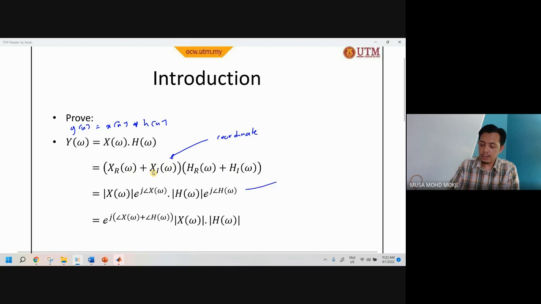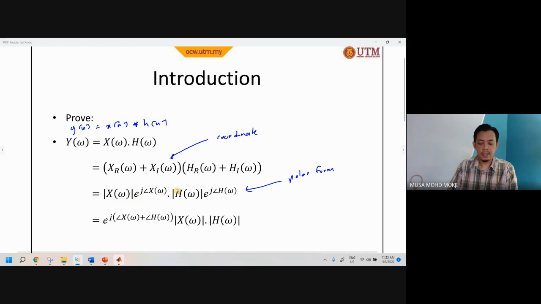We convert that into what we call the polar form, which is rewritten using magnitude and phase. How do we get the magnitude? Take the real value squared plus the imaginary value squared, then take the square root. And this is the phase. That magnitude is multiplied by the exponent of j times your phase response.